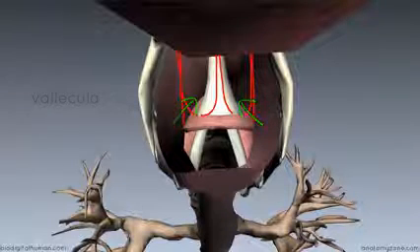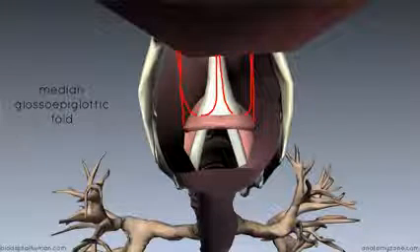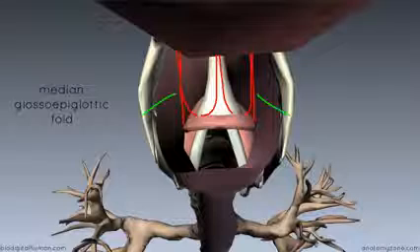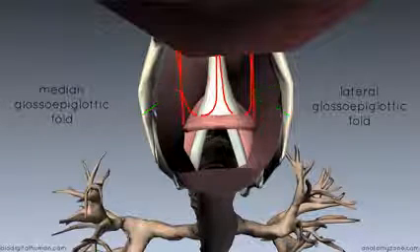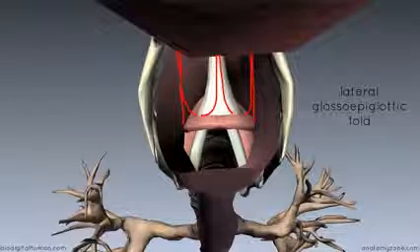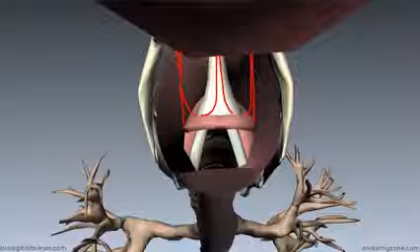So the reflection in the midline is called the median glossoepiglottic fold, and laterally you've got the lateral glossoepiglottic folds. So you've got the glossoepiglottic folds on either side, and you've got one in the midline which reflect from the epiglottis onto the tongue, and you've got two depressions either side of the midline which are called vallecula.